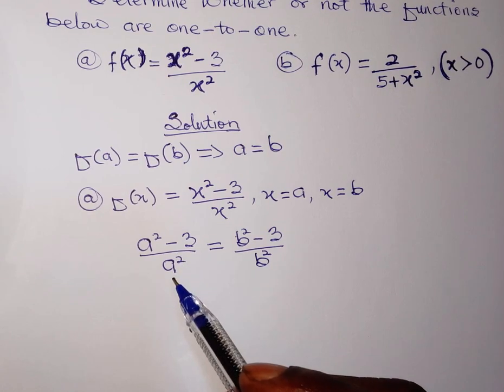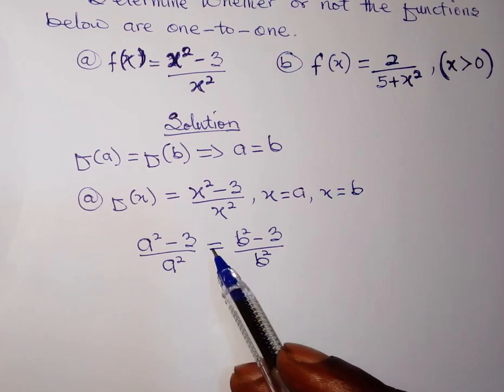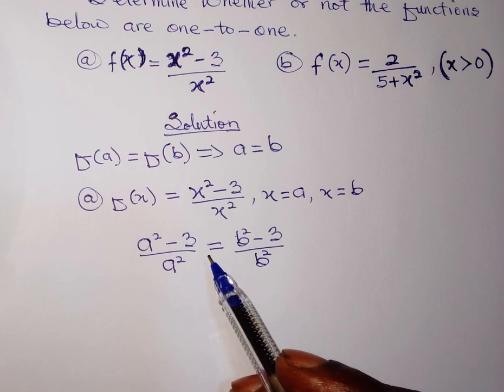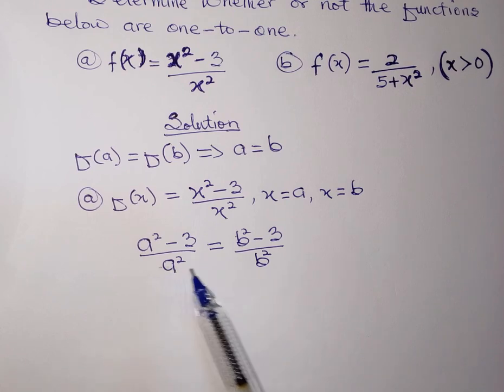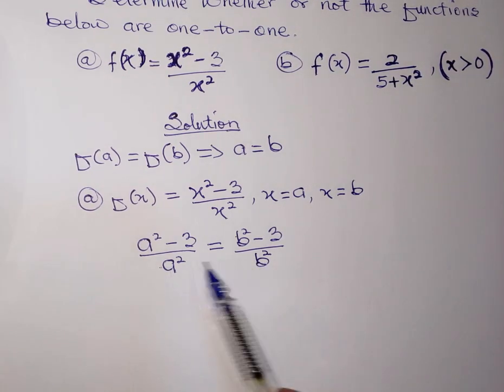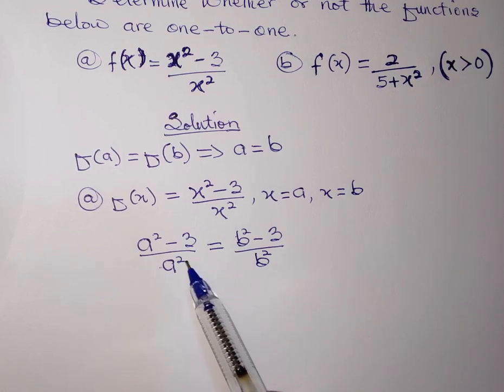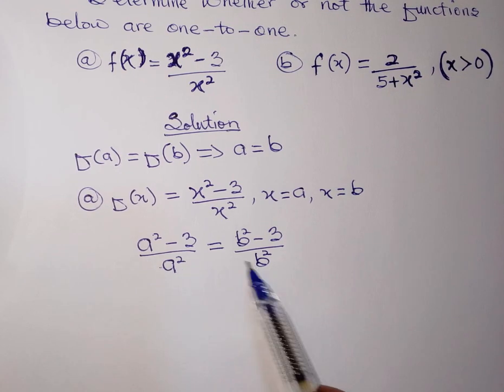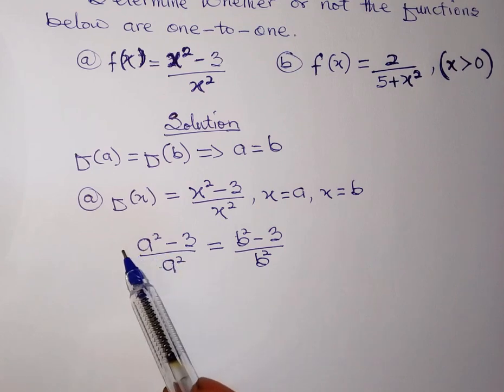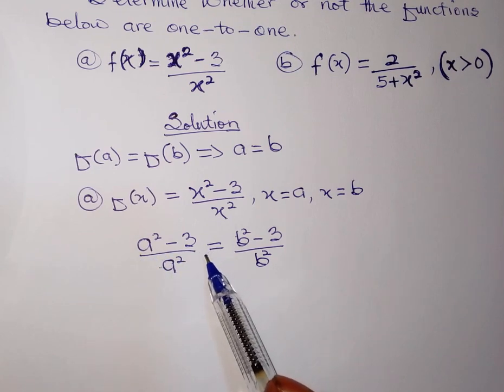As people always say, if you have this, you do cross multiplication, though I don't know where the cross multiplication is coming from. What we are only doing is finding the LCM of the two denominators, and after getting that, we multiply through. We multiply the LCM by each side of the equation.